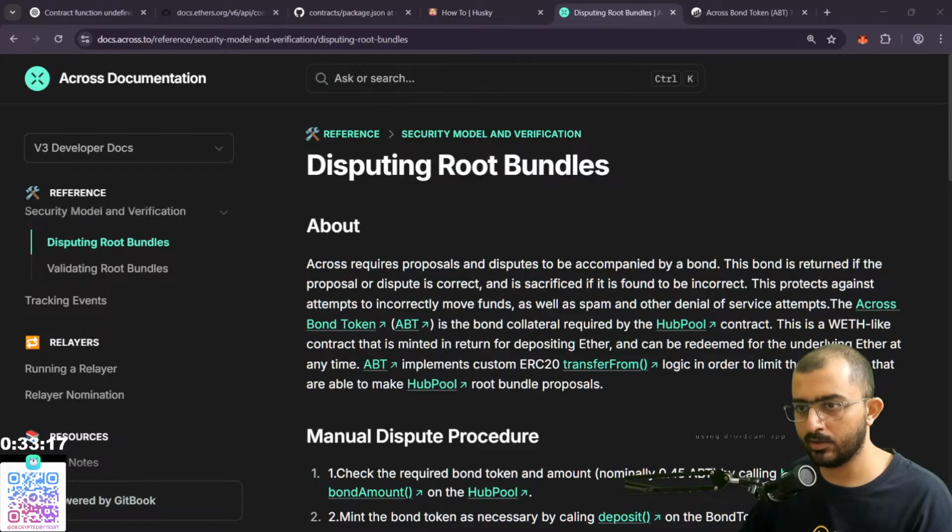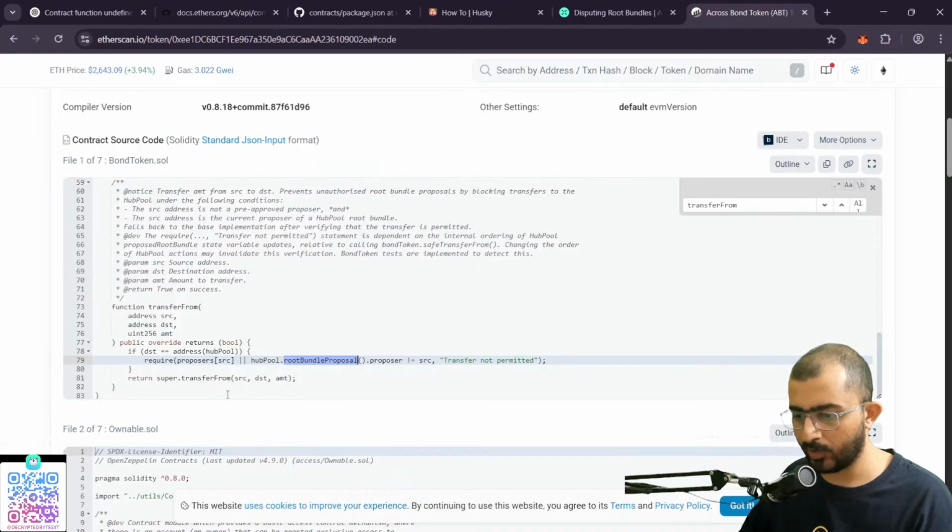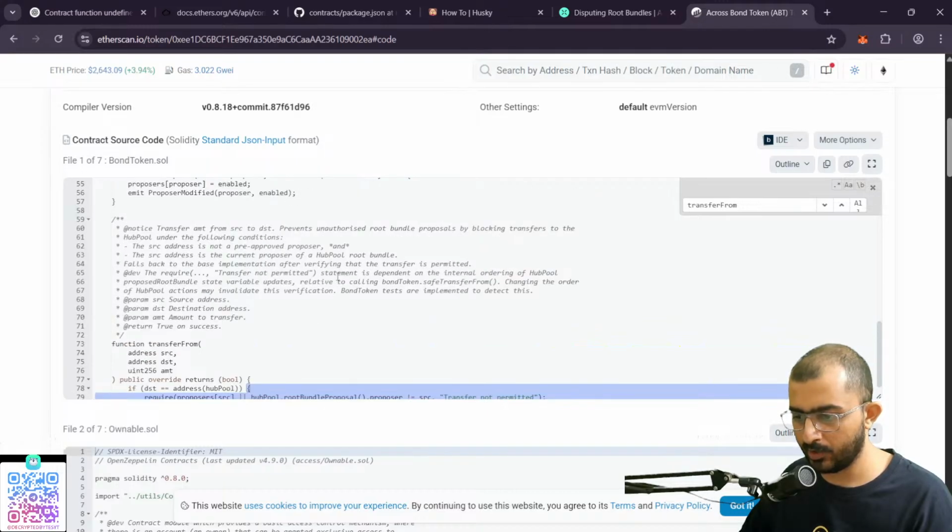Which one? Okay. For disputes and proposals. But here I am only seeing proposals. So only other proposers can dispute it. Is that it?